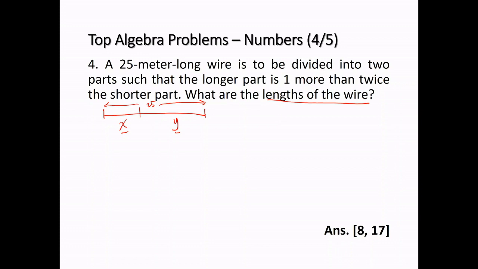It only means that x plus y should be equal to 25. So this is already one equation. And then continuing to the sentence, such that the longer part, we assume y, is 1 more than, so plus 1, twice the shorter part.